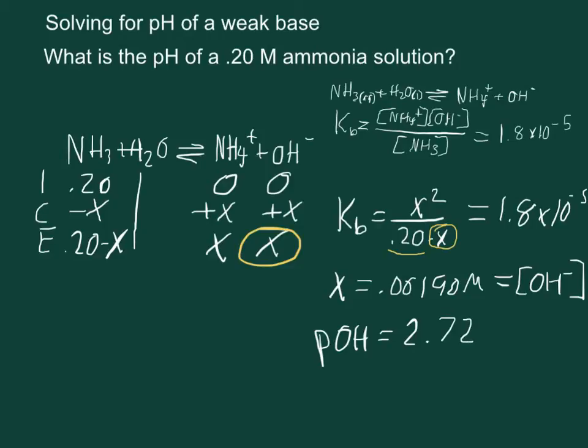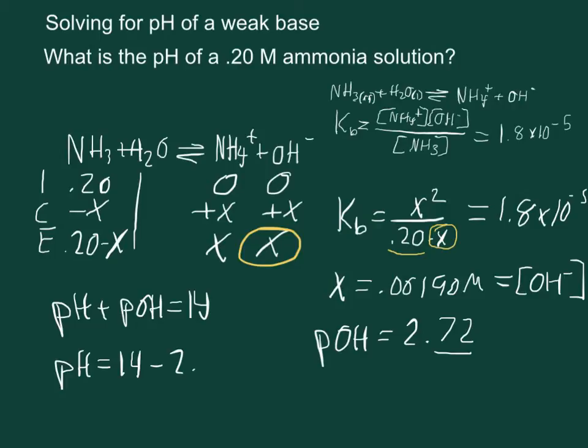Remember we have two sig figs here, and therefore we have two places after the decimal. Since we know that pH plus pOH equals 14, we can simply say the pH is equal to 14 minus the pOH, in this case 2.72.